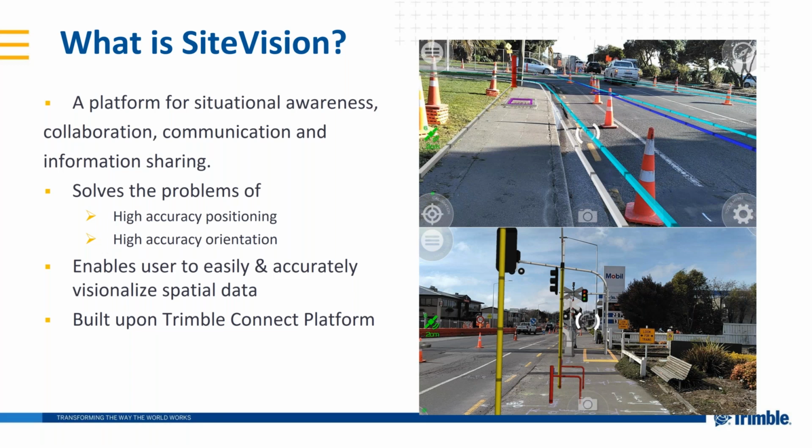What sets us apart from the competitors in this space is we're able to lock down the Google AR Core with the GNSS. It enables users to easily and accurately visualize your spatial data in a real world context. And it's all built on the Trimble Connect platform, which is our cloud platform.